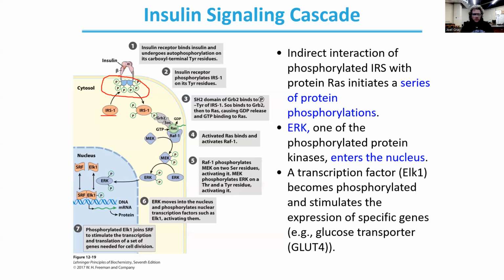Its enzyme-linked receptor function is being able to transfer a phosphate group onto IRS1. So our insulin receptor phosphorylates IRS1 on its tyrosine residues, so IRS1 also has tyrosine residues. Now, the SH2 domain of GRB2 binds to phosphorylated tyrosine of IRS1.